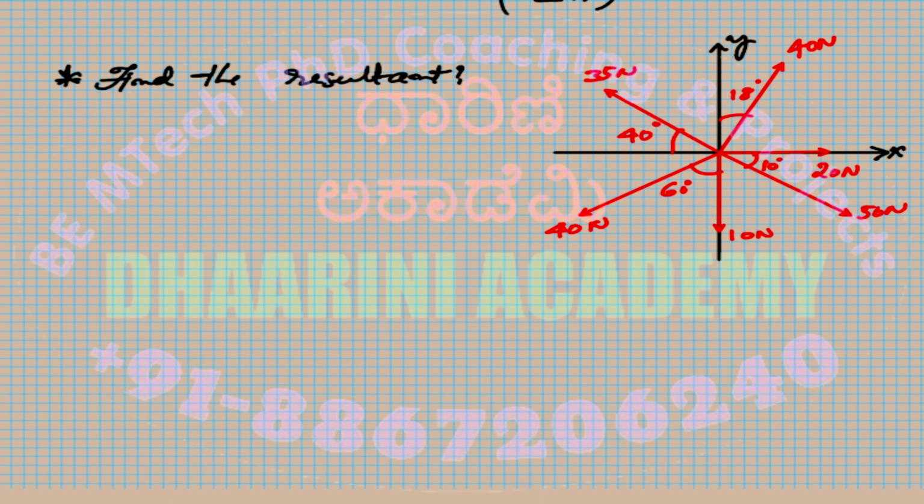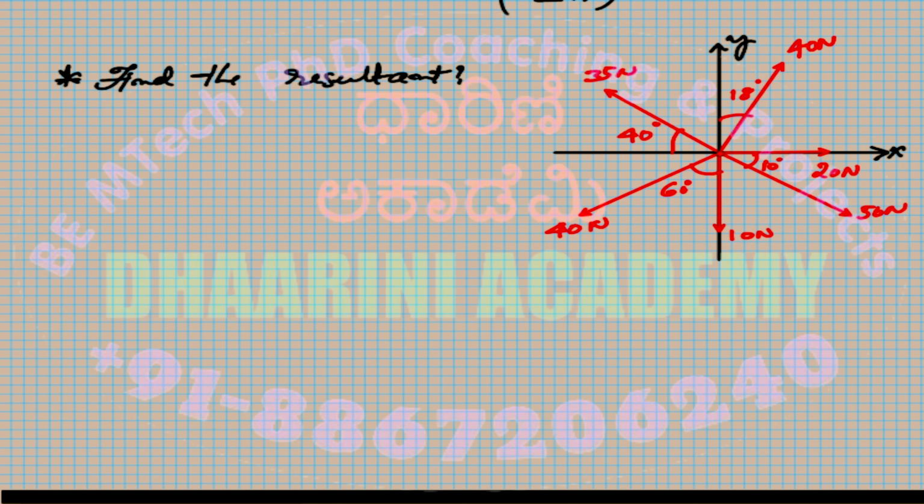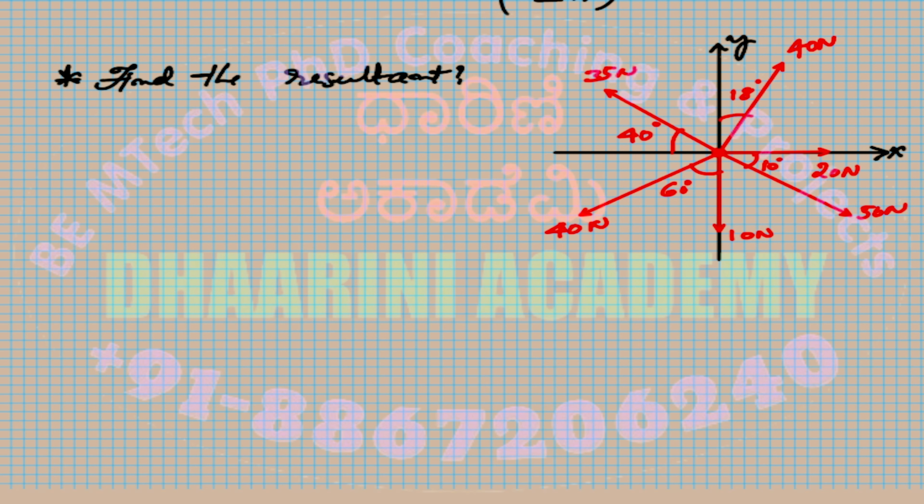In order to show that they are acting on the same plane, they have given the x and y axis. So indicating that everything is acting on the same plane, and we have to identify that all the forces pass through the common point at the origin, which indicates that this is a coplanar concurrent force system. So we just have to find the Fx, Fy for each of the forces.